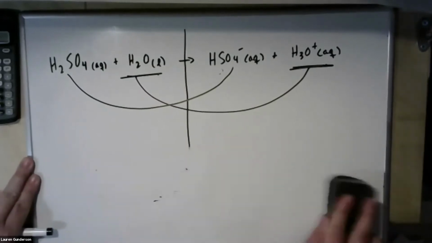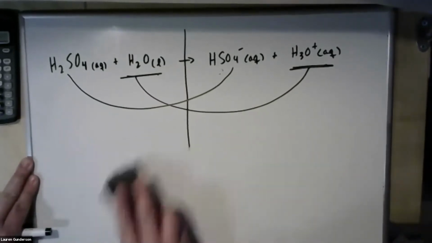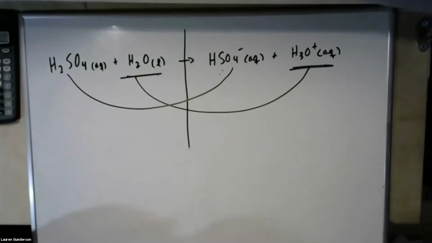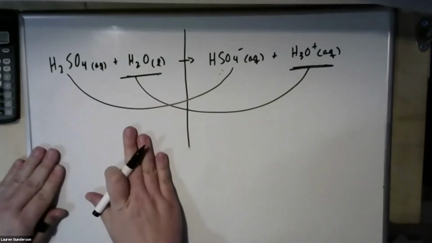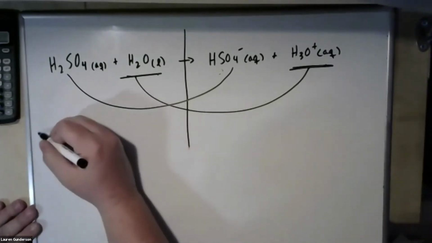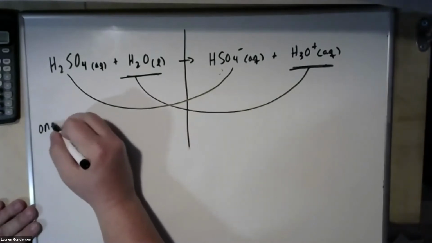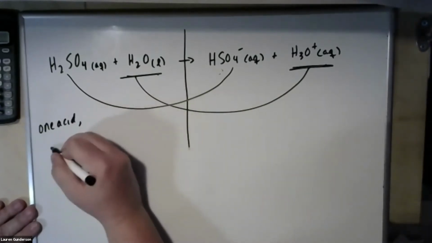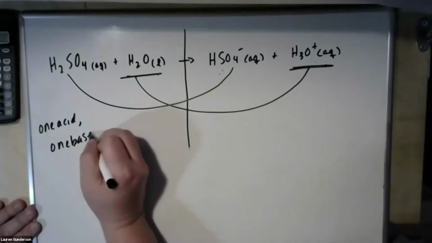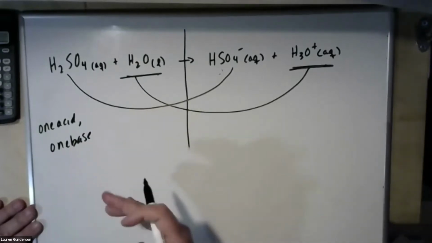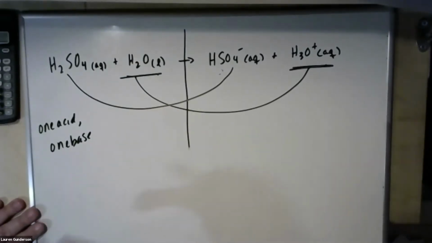Now, in terms of labeling which is which, on your reactant side of the reaction, you're going to have one acid and one base. You decide which is which based on which component is accepting a proton and which is donating a proton.